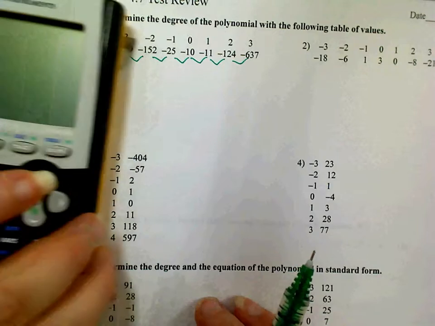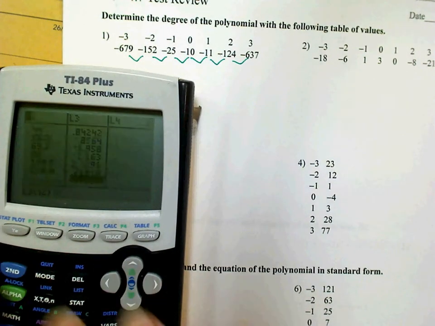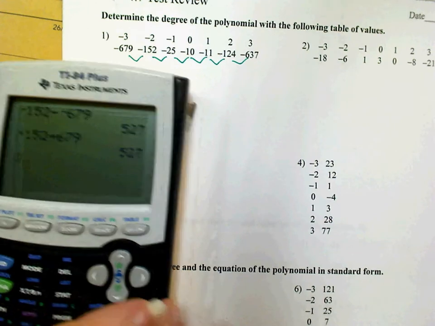So you can type it in as negative 152 minus a negative 679, or when I know I'm minusing a negative, I just go ahead and type in plus 679, and you get the same thing, okay, because minus a negative is plus.